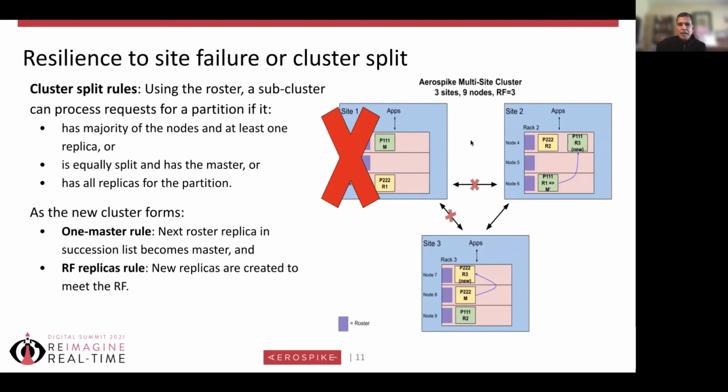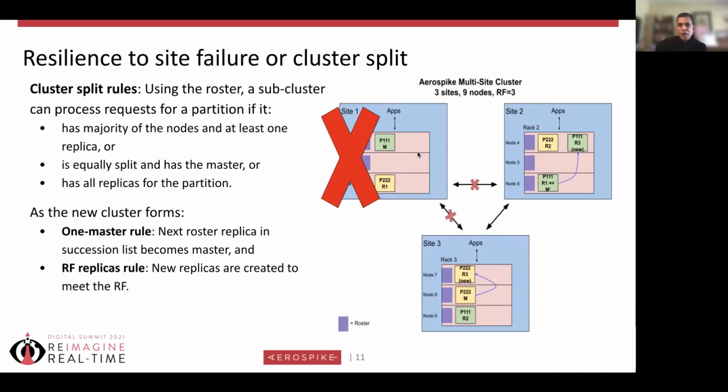As you see in the diagram, we are looking at 2 partitions, green and yellow, for the sake of simplicity. In this case, either site 1 fails, which is a site failure case, or site 2 and site 3 are unable to talk to site 1 because there's a network partition. Both of them result in 2 subclusters. Let's just take the example of cluster split for the rest of the discussion here.